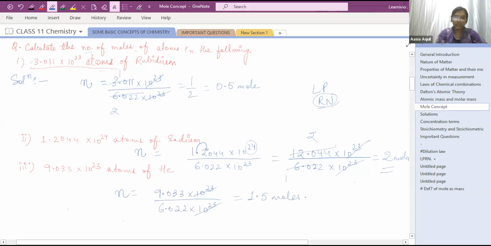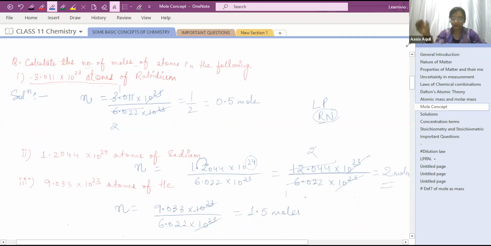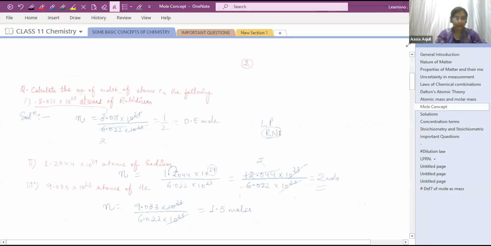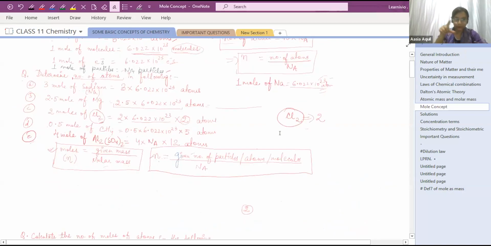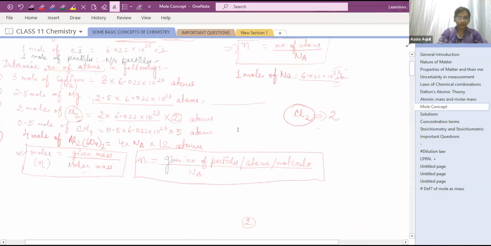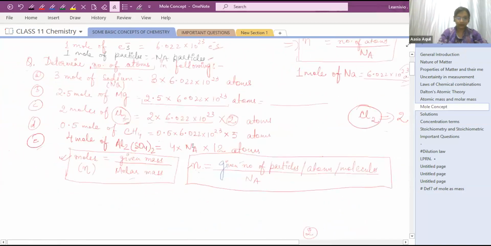So we have done this: when the number of atoms is given and we have to calculate the number of moles, we will use this formula. And if the mole is given and we have to calculate the number of atoms, we will use this: the number of moles into your Avogadro number.